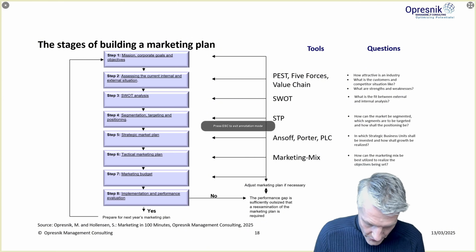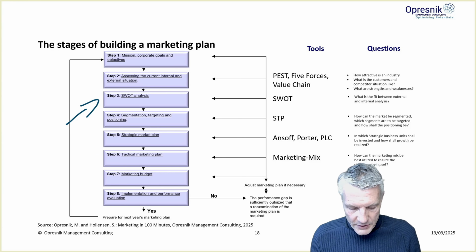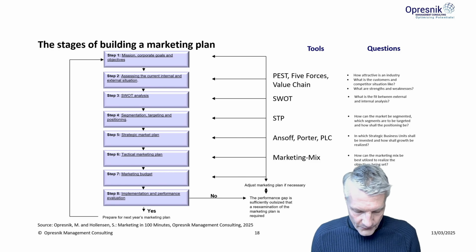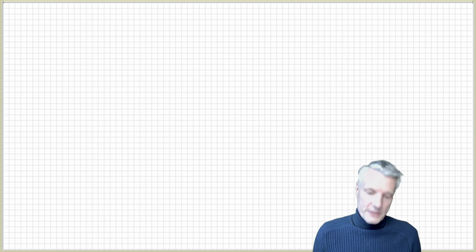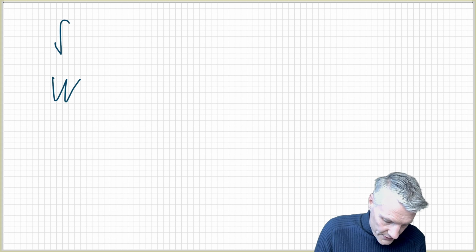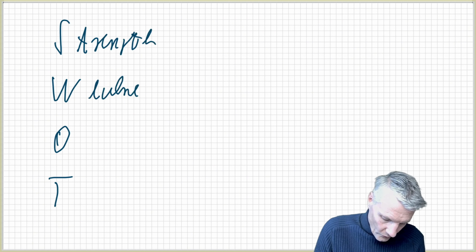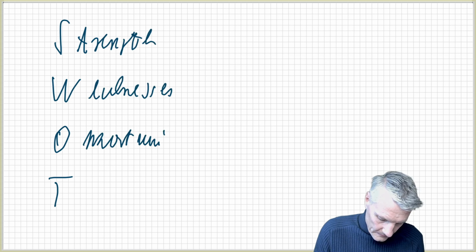And then we are coming to the third step. And the third step is the SWOT analysis. Everybody knows about the SWOT, but the SWOT is often done wrong. Why? Because most people make the mistake that, first of all, what is the SWOT about? The SWOT is about strengths, weaknesses, opportunities, and threats.